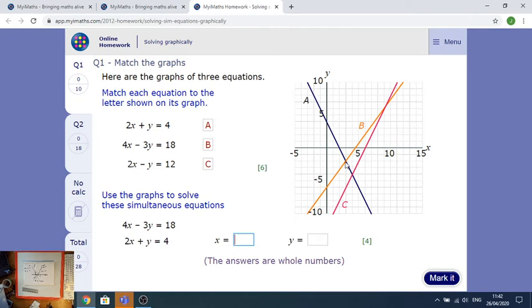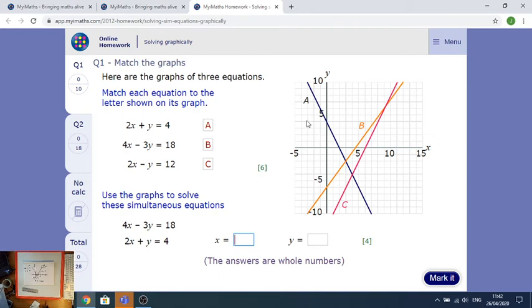There is one pair of xy values that works in both equations, and it's basically where the 2 lines meet.